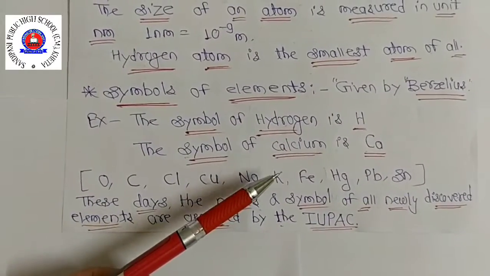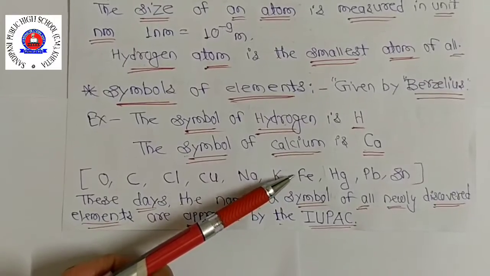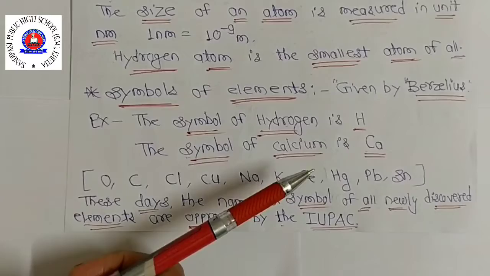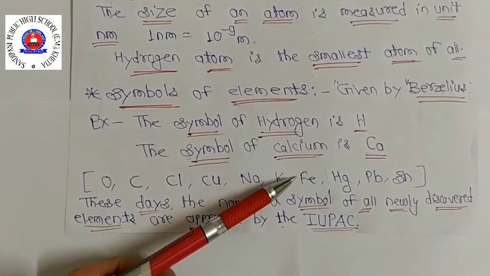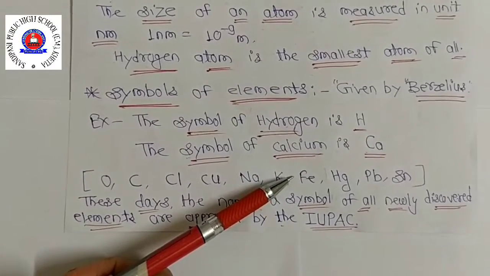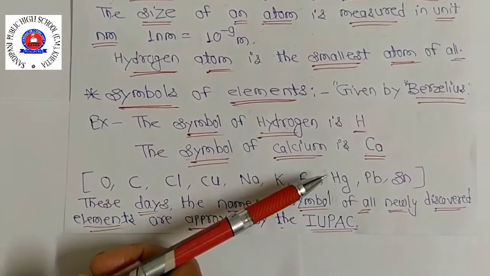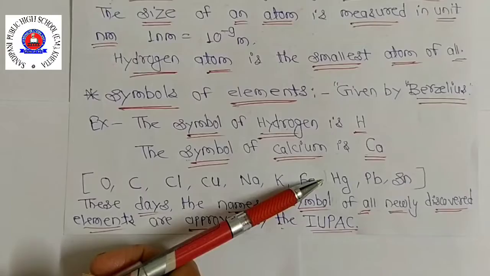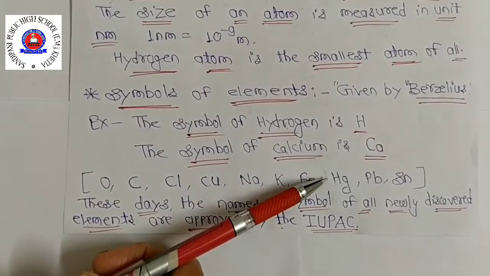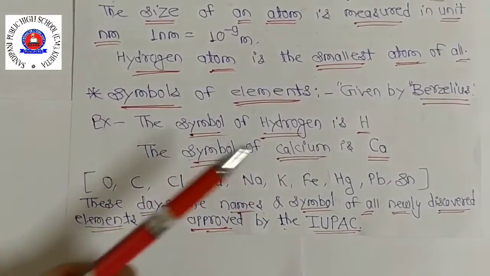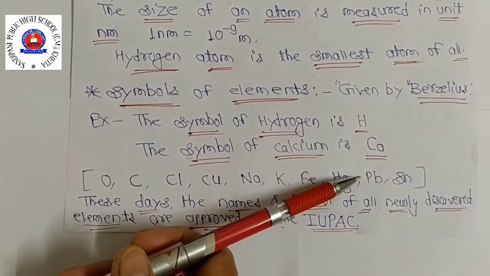Clear this one? And iron, English name of the element is iron, and symbol is Fe. So that Fe comes from the Latin name of the element, ferrum. Same like that, mercury, English name of the element is mercury, and symbol Hg, and that Hg symbol comes from the Latin name of the element, hydrargyrum. And lead, that English name is what?